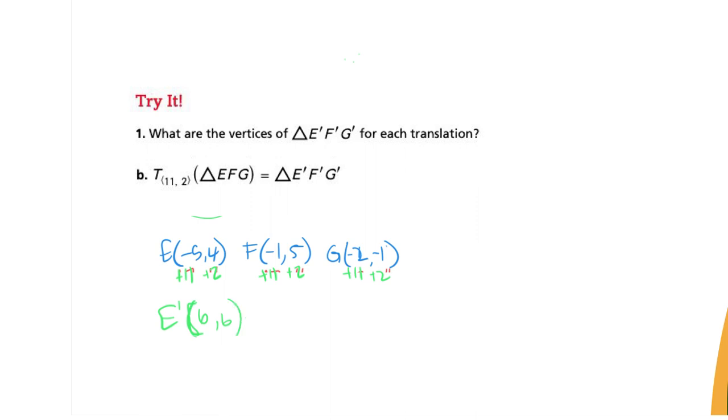F prime is going to be negative 1 plus 11, which is 10, and 5 plus 2 is 7. And then negative 2 plus 11 gives me 9, and negative 1 plus 2 gives me 1. Ta-da! Yay for writing rules or following rules.